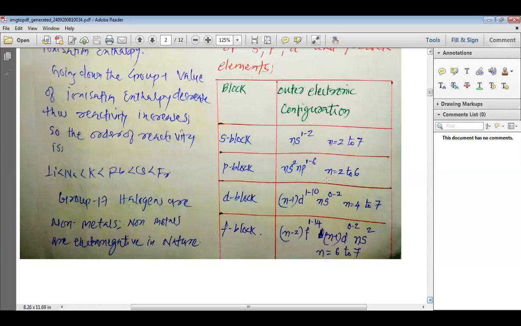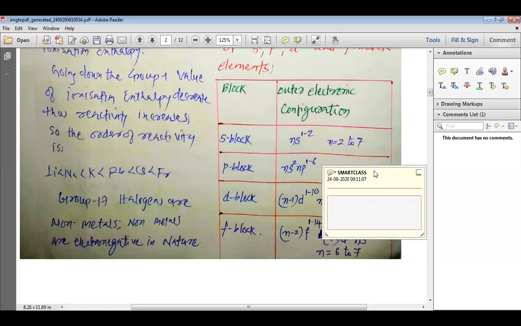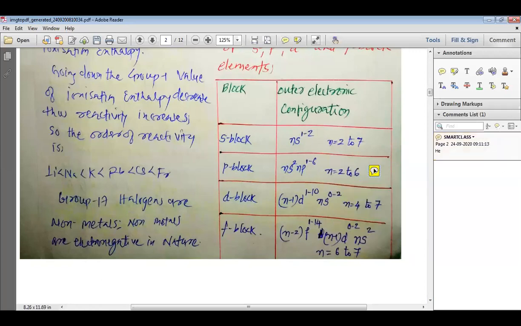Now there is an exception in the case of the p block, and this exception is going to be helium, my dear students. Helium will always be an exception here, because helium has a 1s2 electronic configuration which does not fit into this. So here n is equal to 2 to 6.